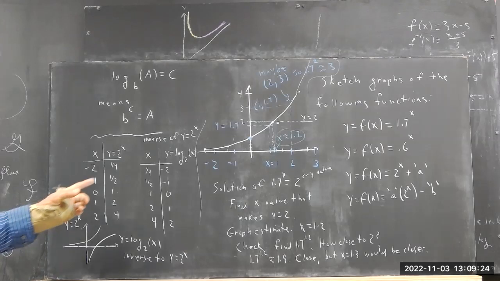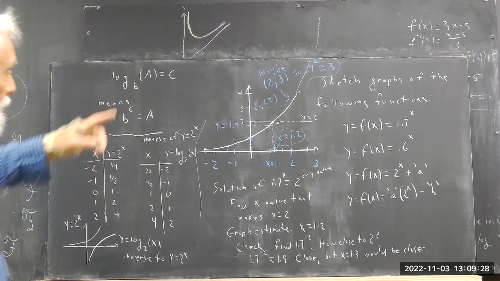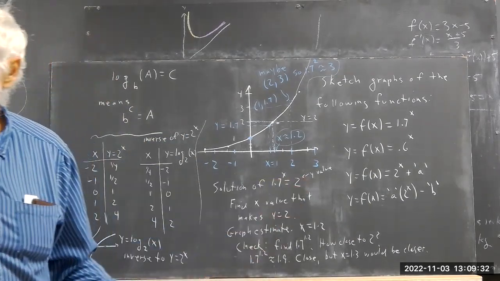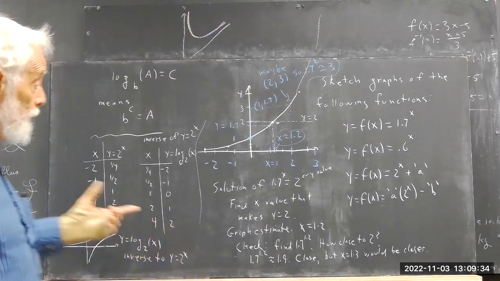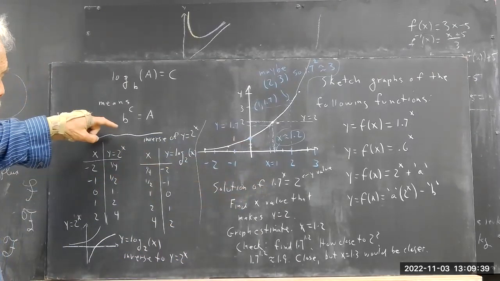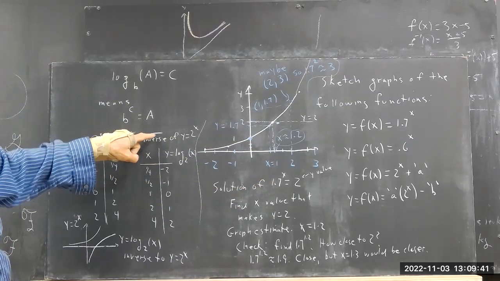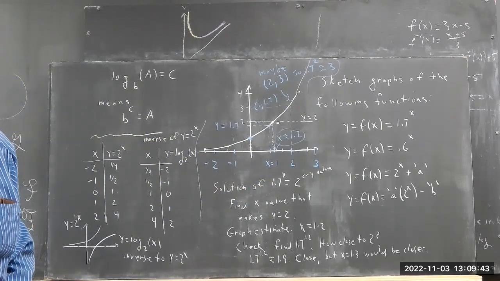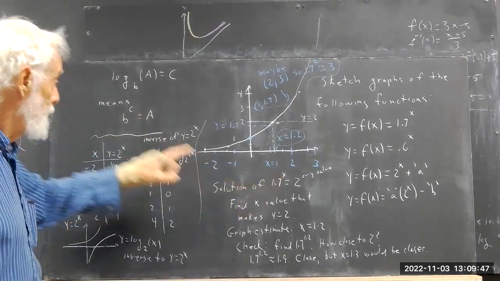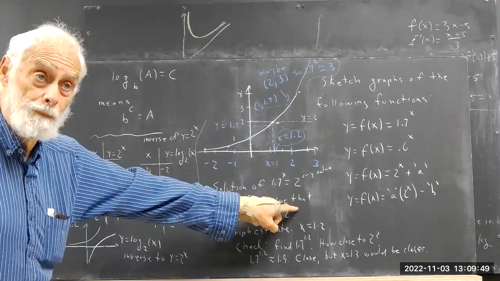We're going to be able to use logarithmic functions to solve equations like 1.7 to the x equals 2. By translating a function, 1.7 to the x equals 2 is like b to the c equals a. All right. b is your 1.7, x is your c, a is your 2.